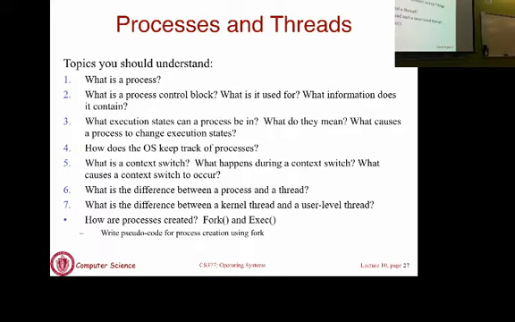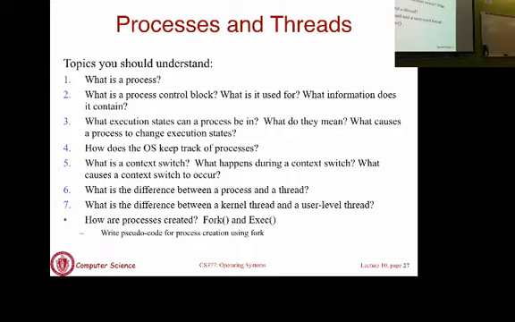Then we introduced this notion of a context switch. A context switch is an operation that the OS kernel performs to switch from one process to another. It involves saving the state of the process that is being evicted from the CPU. All of its registers are stored in the process control block. And then loading the state of the next process that is going to run on the CPU.